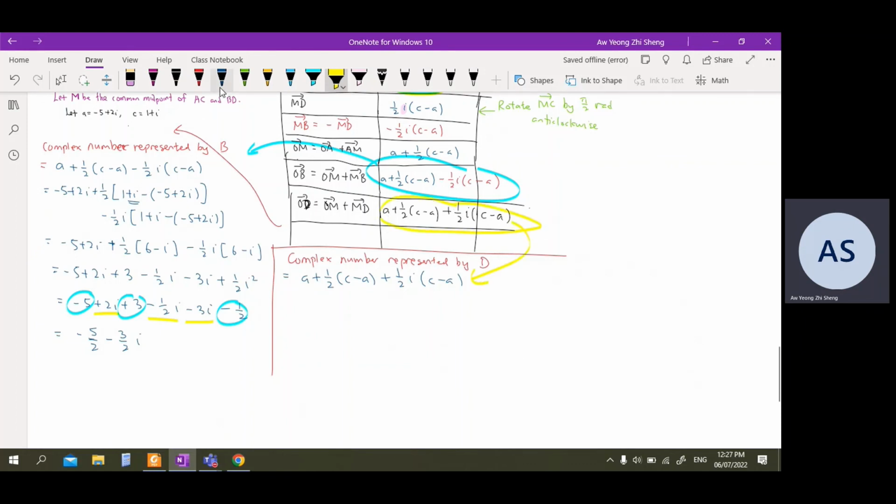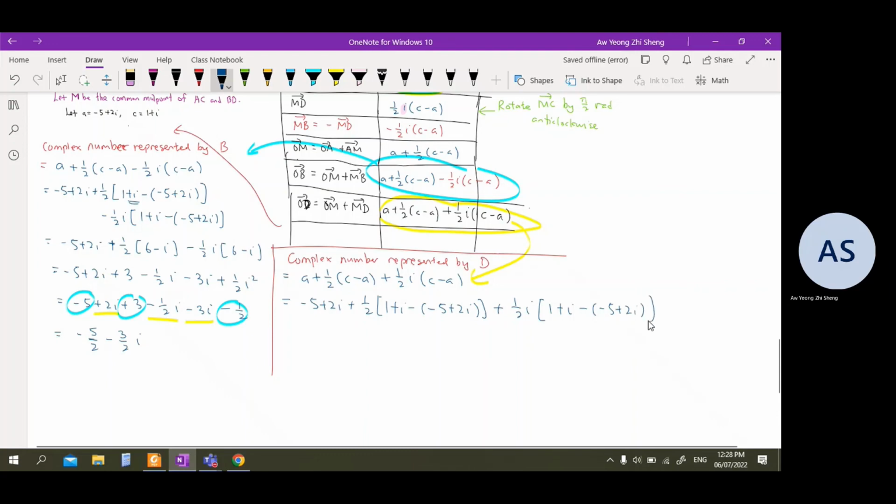Just bring it down. Okay, so again, sub in your values and do your calculations. C minus A, C is 1 plus I, minus A is minus 5 plus 2I, half I followed by the same C minus A. And then just do the calculations.